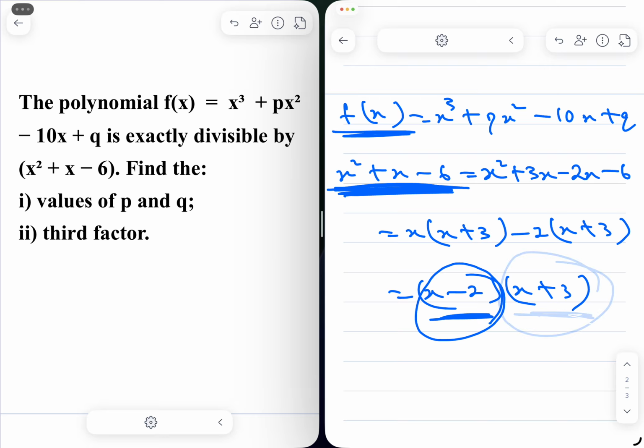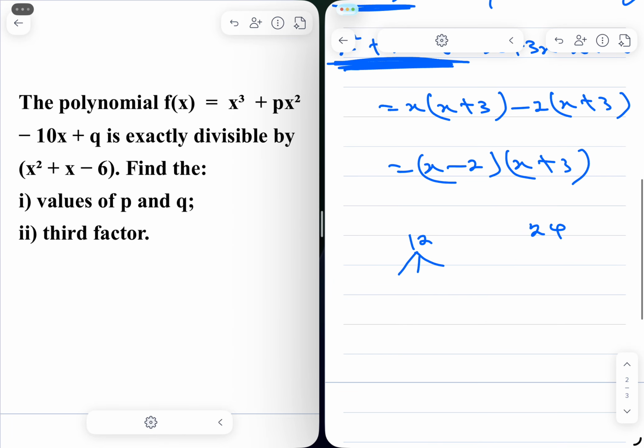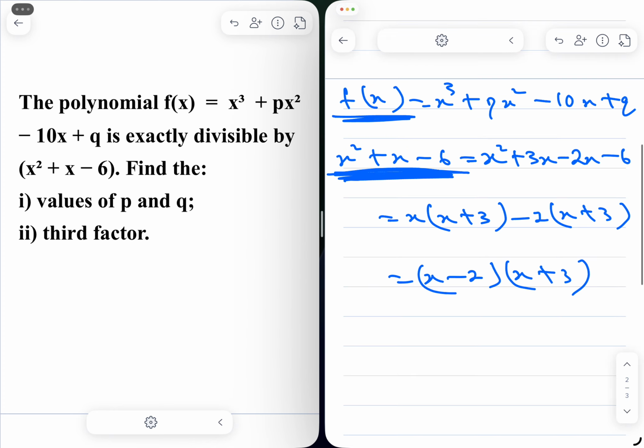Just as you say that if 12 is a factor of 24, that means all the factors of 12, 1, 2, 3, 4, 6, and 12 itself, are also factors of 24. So that means x minus 2 and x plus 3 are factors of f of x.